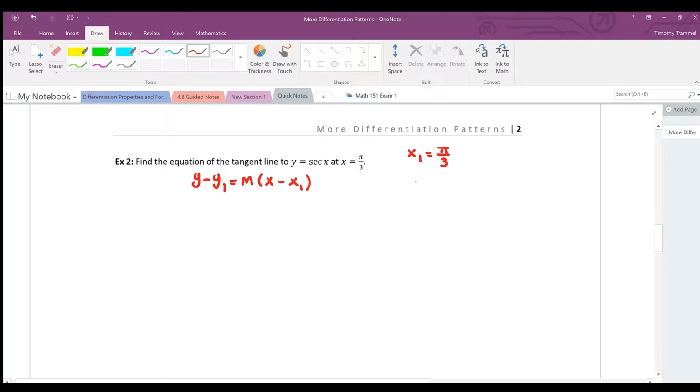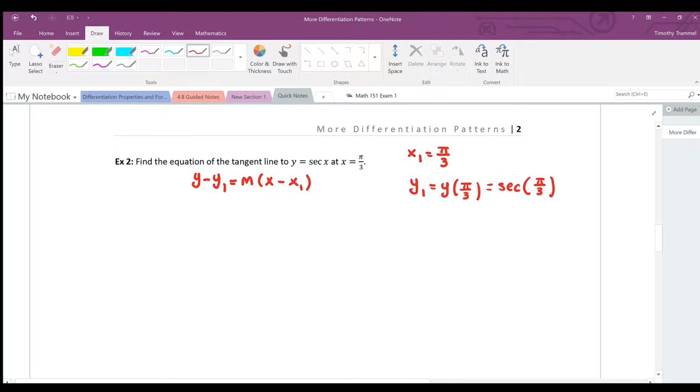And then if we want to find y1, all we need to do is plug this pi over 3 into the function. So this is really just y of pi over 3, which is really just secant of pi over 3.